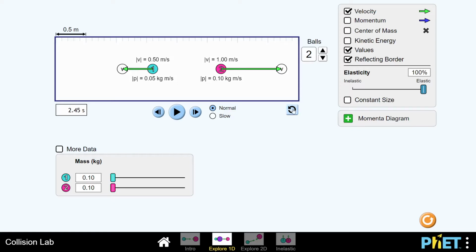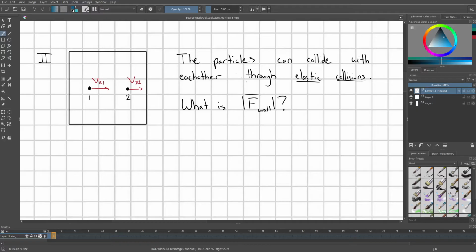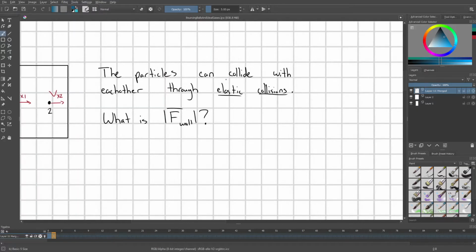Alright, so I'll go ahead and make a note. So this elastic collisions point really translates to when the particles hit each other, they trade velocities.